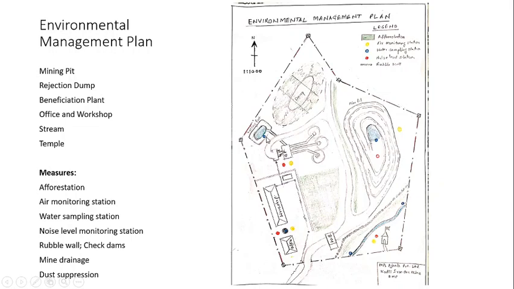Similarly, the sample at the tailing pond should be taken. There's a well here. The well must be also tested. Wherever the stream is entering this lease area and wherever it is leaving this lease area, both the points must be sampled.